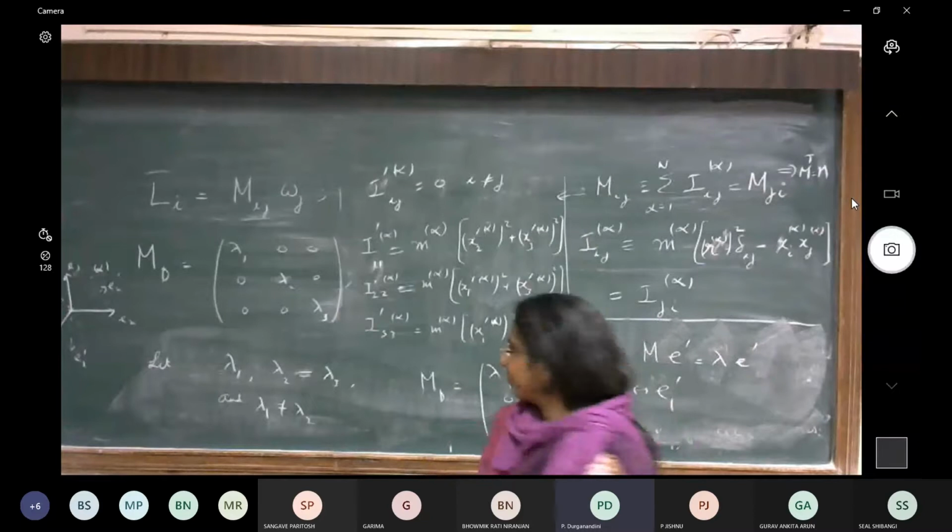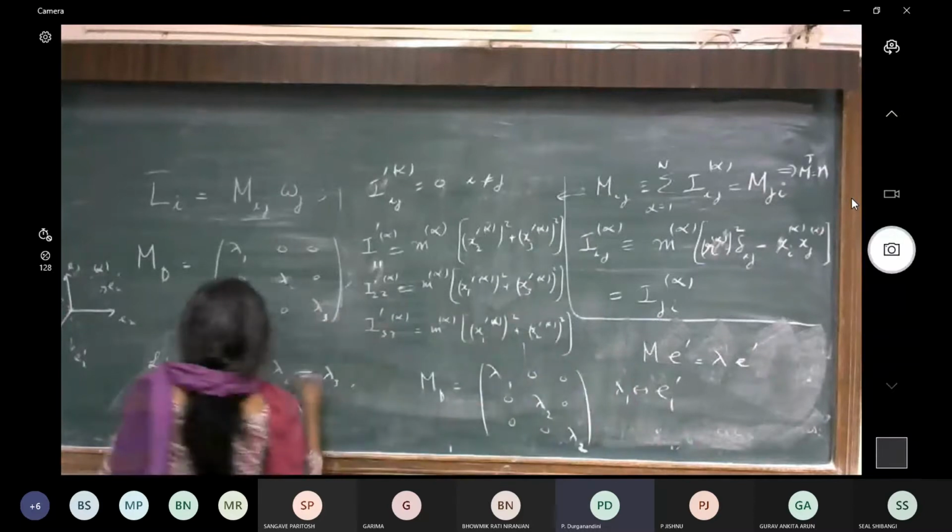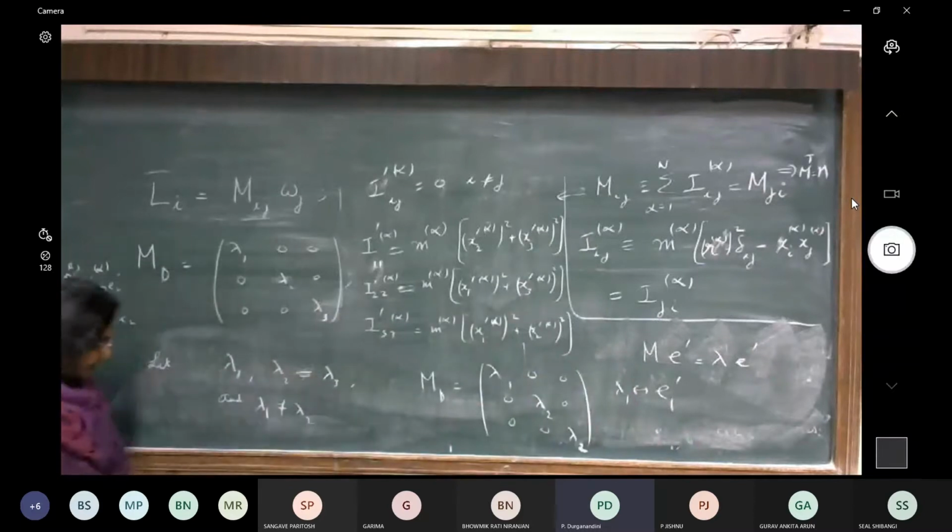So even if you find that two of the eigenvalues are not distinct, it is still possible to find a mutually orthogonal set of three axes.